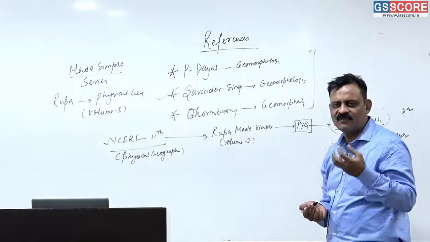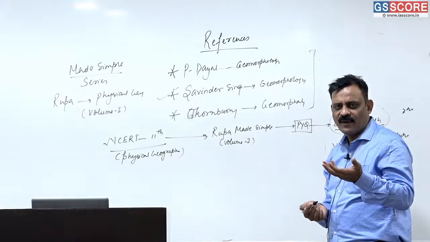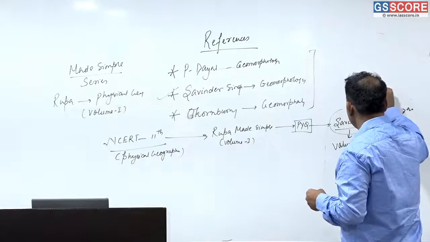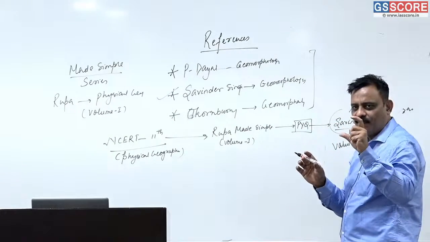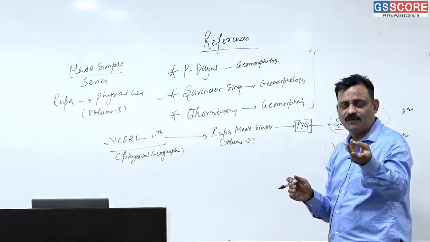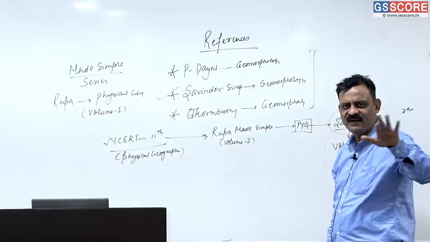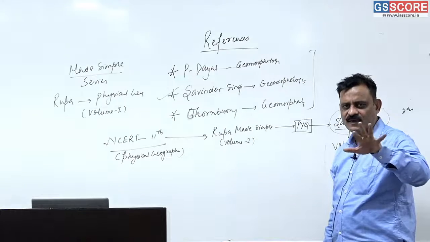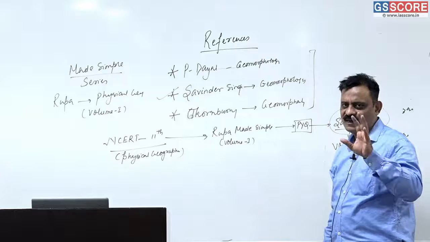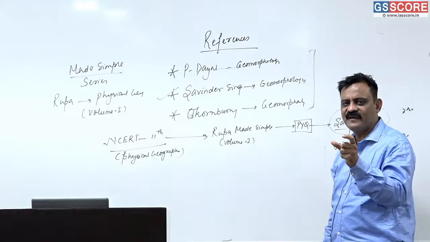Nowadays there is an importance of illustrations, diagrams, and some important cases also, and some important field studies also. So from Savinder Singh you can have those references and prepare a brief note of all the field studies which are part of, for example, denudation chronology, erosion surfaces, slope development. There are many field studies related to these theories. In order to substantiate your answer, these field studies are going to be helpful for you, and you may be expected to write those field studies.